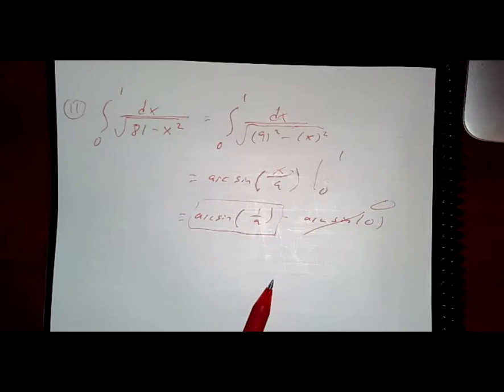So number 12, 13 are all about inverse trig. Then after that, we get to partial fractions, which you can do a few of those. And then at the end it's going to be improper integrals.